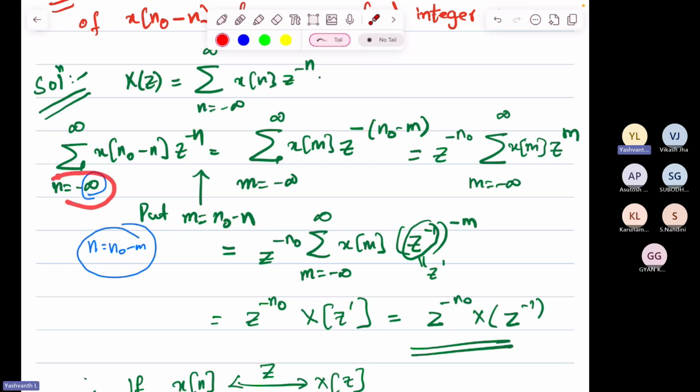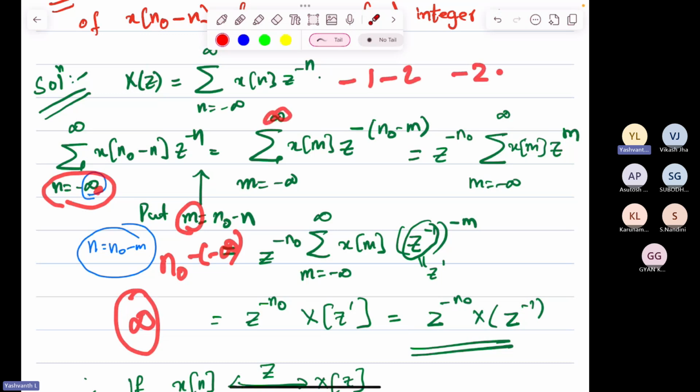Now, if n is minus infinity, what is m? n naught minus of minus infinity becomes plus infinity. Similarly, if n is equal to infinity, m will become minus infinity. But it doesn't matter whether you add minus 1, minus 2 or minus 2, minus 1.